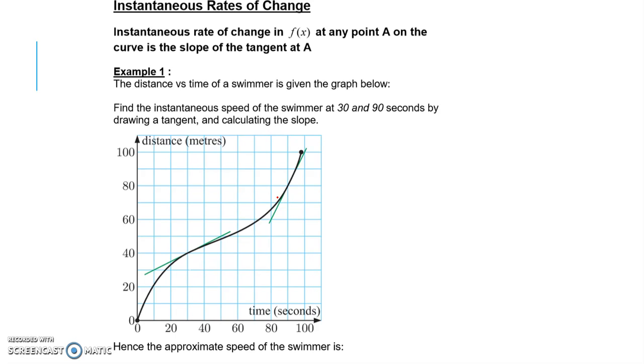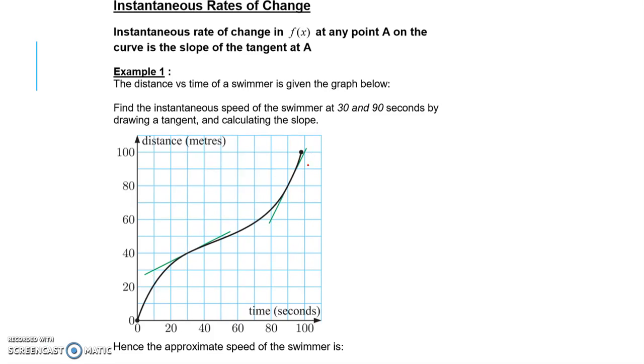So in this example here, we have a graph of distance versus time, and we want to find the instantaneous speed of the swimmer at 2 points, at 30 seconds here and at 90 seconds here.